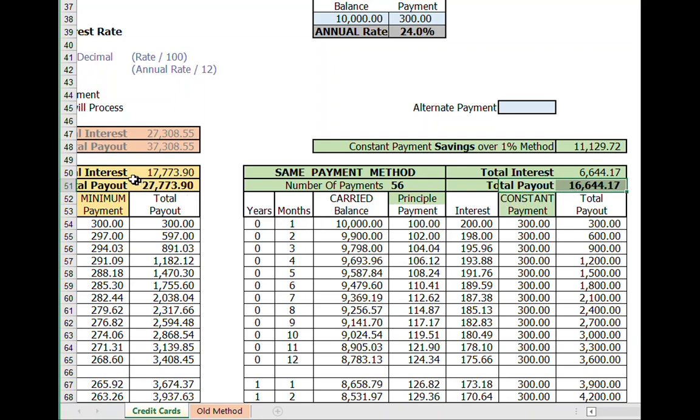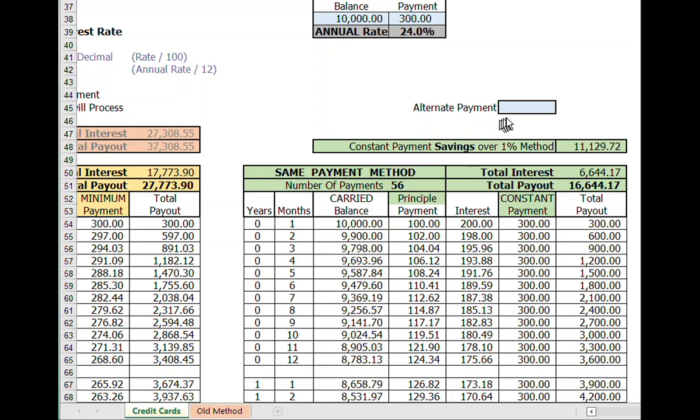It also subtracts your original balance to show the amount of interest that you paid for your minimum payment and the amount of interest paid for a constant payment. Then up here it shows the difference between the two for a savings of $11,129 using the constant payment method.